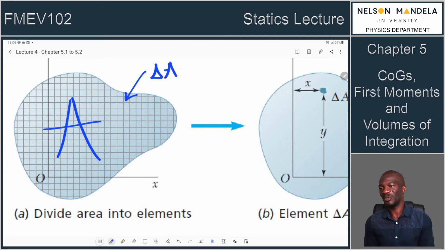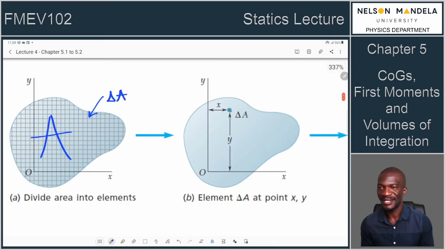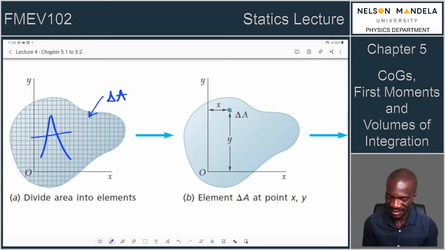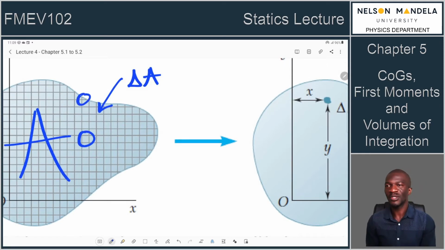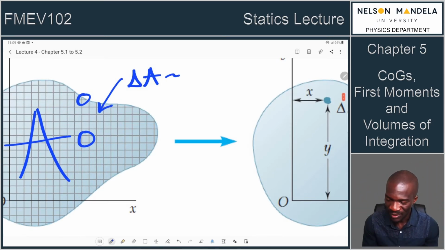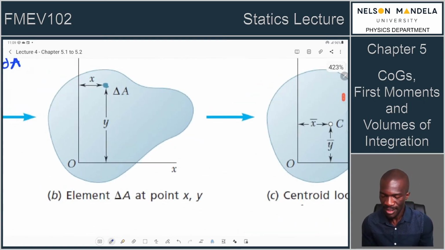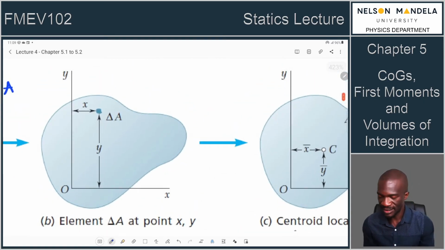But we know that in reality our objects will not necessarily give us a delta area. For us to make this particle the same as this particle that is close to the boundary, we just need to reduce these particles. That's why we will end up transferring this to dA. That process of changing to dA is what gives us the integral case, or the integral equations.